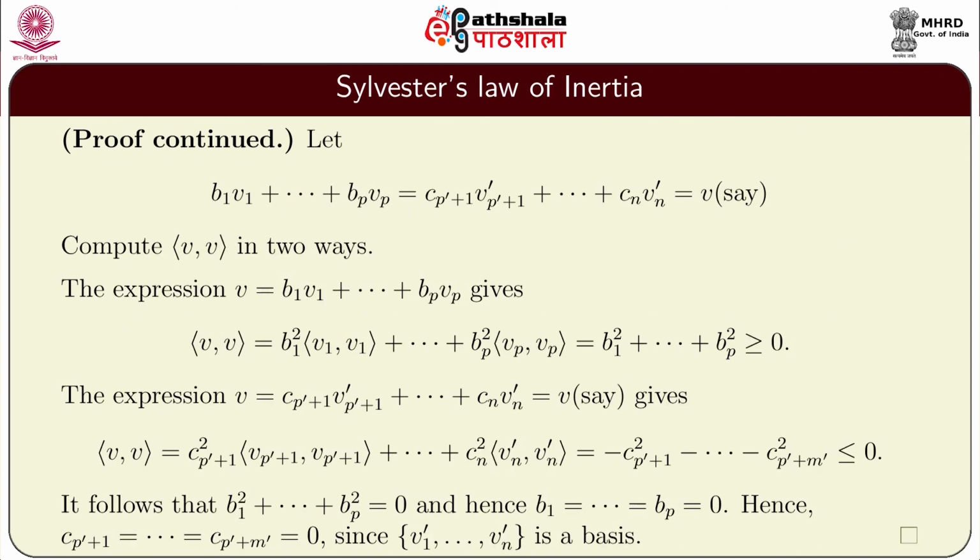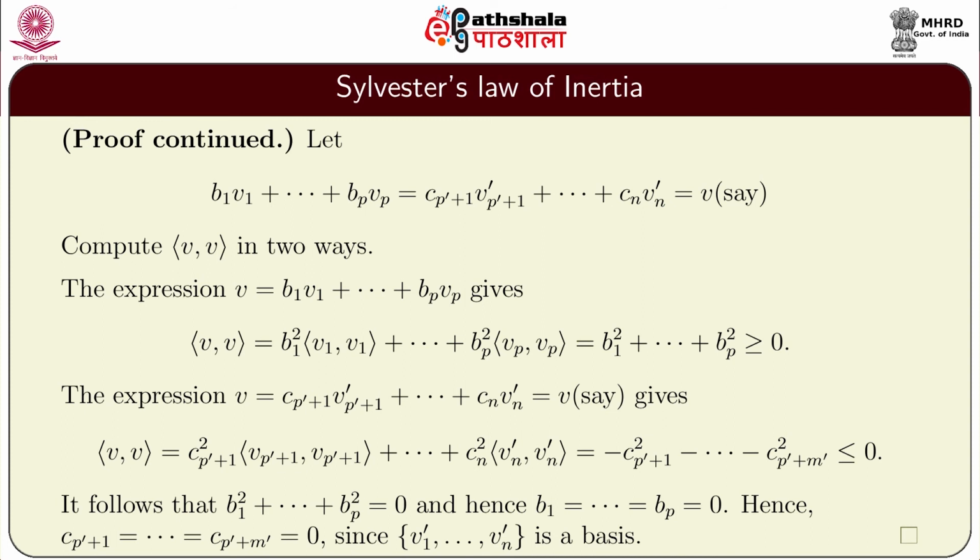Let us write this linear combination of the vectors v1, v2 and so on up to vp given by b1 v1 and so on up to bp vp, and that is equal to c p dash plus 1, v dash p dash plus 1 and so on up to c n v n dash, and call it v, say.